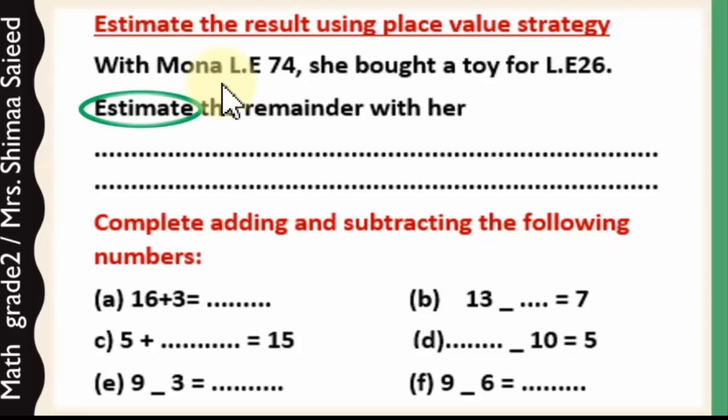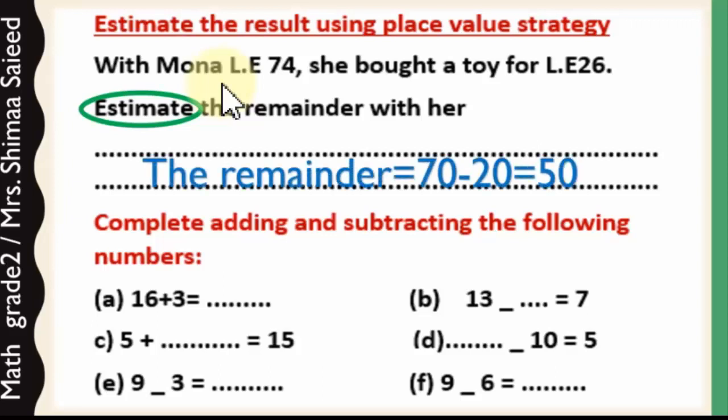Estimate the remainder with her. We can estimate 74 to 70 and 26 to 20 according to place value strategy. So the remainder is 70 minus 20 equals 50 when we estimate the remainder.